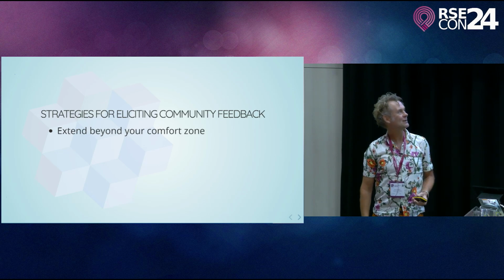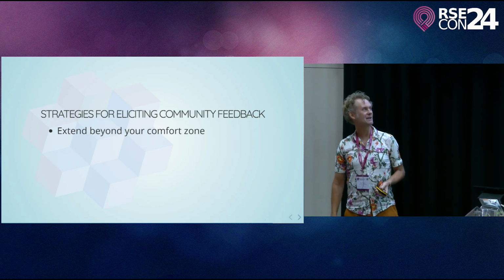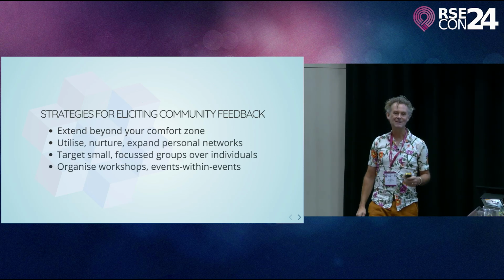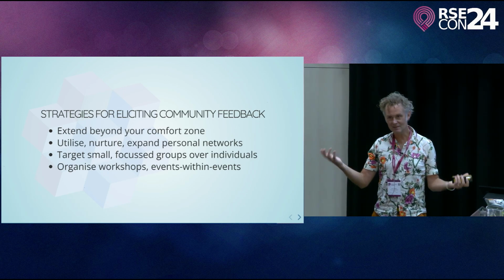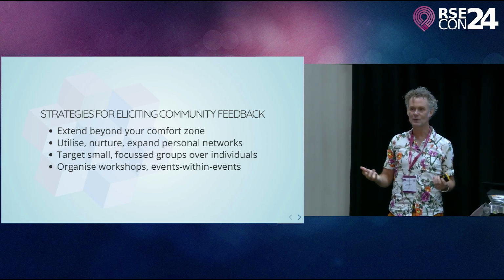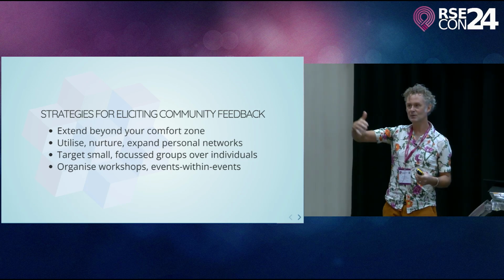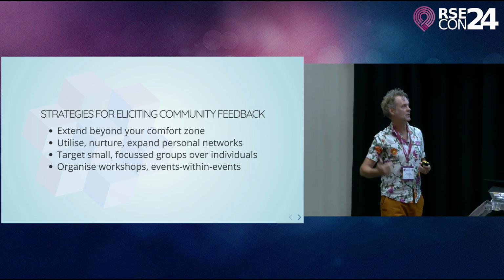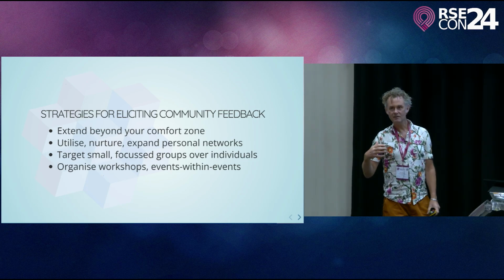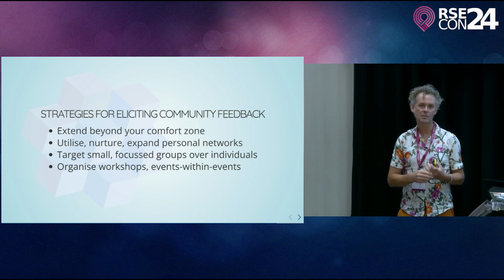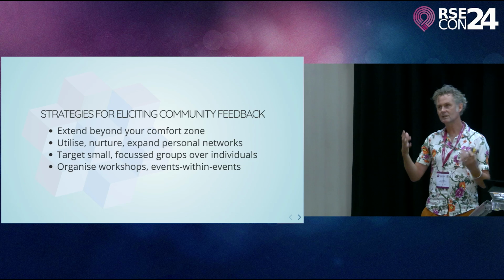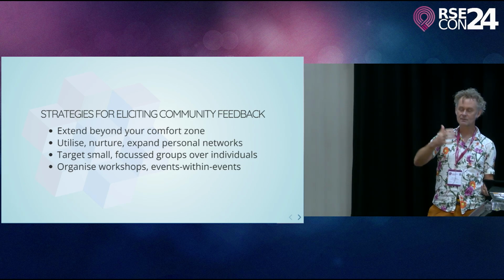Anyway, nearly at the conclusion now, the strategies for eliciting community feedback, other than extending beyond your comfort zone, are to expand and cultivate personal networks beyond anything else, including networks beyond your networks, beyond your networks. Also, rather than focus on individual people, really focus on small groups and probably organize workshops. We didn't really get to do this because it was 2020, 2021.